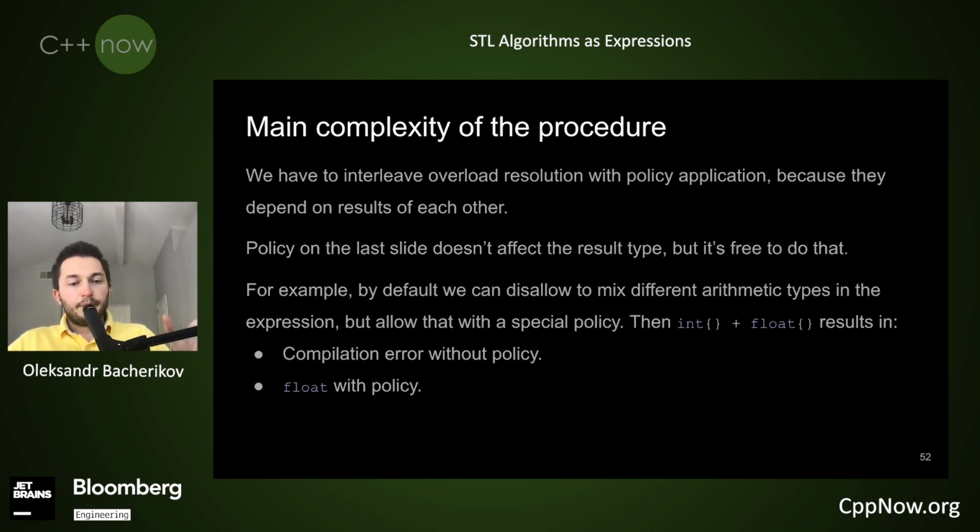But for example, if by default we disallow mixing different arithmetic types in the expression, but allow that with a special policy, then if you look at int added to float, in the first case without policy, it results in a compilation error. And in the second case, we have float using regular C++ promotion guidelines. And these are clearly different result types.